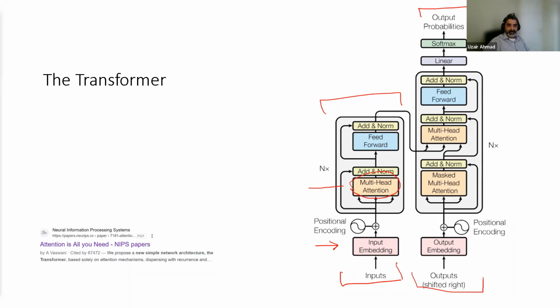There is a multi-head attention block, add and normalization block, and then feed forward. Just three units that I want you to remember. We will be discussing their details in the following few minutes.